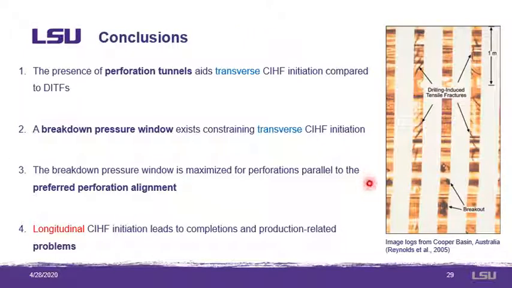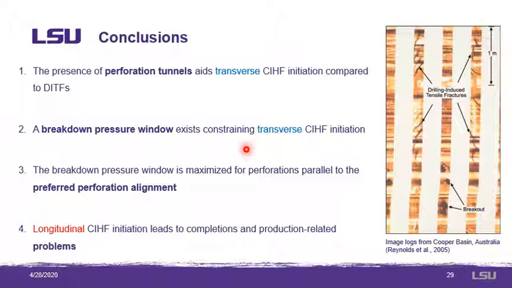In conclusion for this topic, analytical orientation criteria were derived for fractures initiating from perforated and non-perforated wells, and a breakdown pressure window is found to exist controlling transverse fracture initiation.